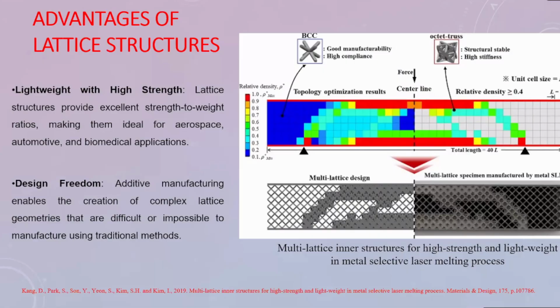If you know the concept of design for additive manufacturing, we can print whatever we want by studying certain constraints. So here, if we have design freedom, we can create complex lattice structures that are impossible to manufacture with traditional methods, which can be printed with the help of additive manufacturing for end-use application.